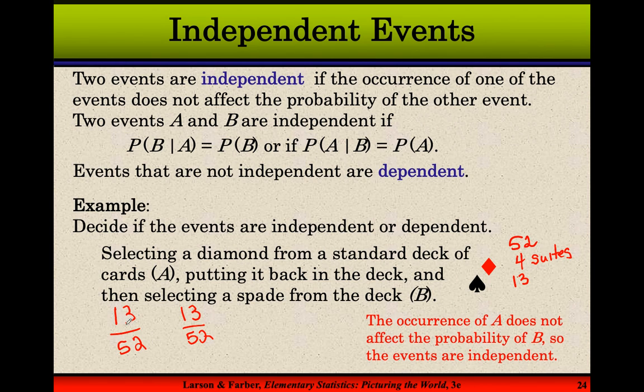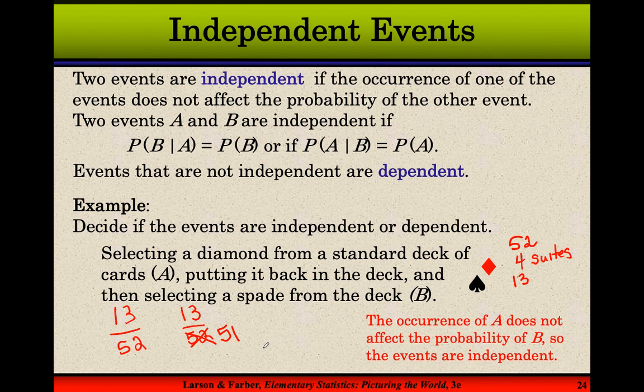Now, what if I didn't put the card back? Well, if I didn't put the card back, the probability of getting a diamond is still 13 out of 52. I keep the card in my hand. Now what's the probability of getting a spade? Well, it's not 13 out of 52 anymore. I have that one card in my hand.